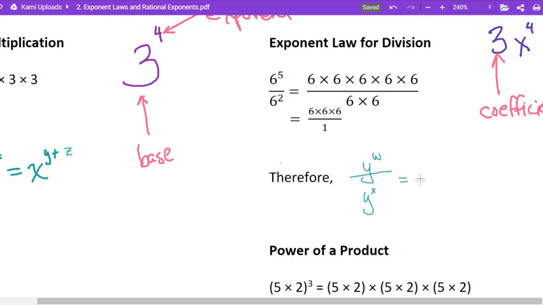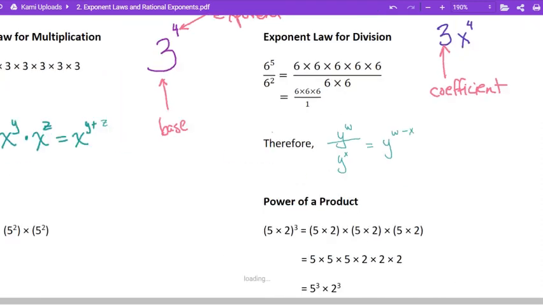Who can tell me what I would write here? Actually, don't tell me. Tell the person you're sitting next to. Do you agree with me? Y to the power of w minus x? So we're subtracting the exponents now. Great.